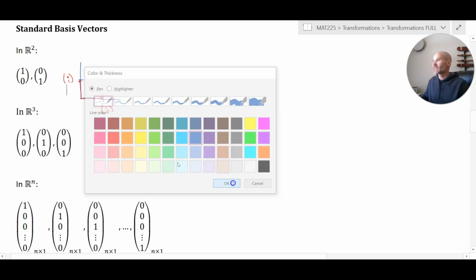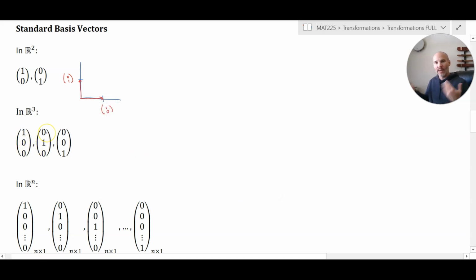R3 would be the same idea, except each vector just has a single 1 to point in one of the 3 directions and not in any of the other directions.